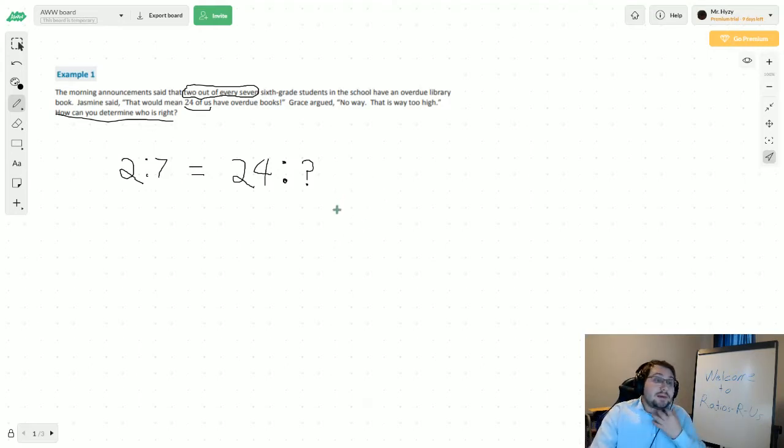So if we remember back to yesterday, how do we find equivalent ratios? Well, in order to find equivalent ratios, we have to multiply our first number and our second number by the same amount. So, if I need to multiply 2 by a number to get 24, I need to multiply 7 by that exact same number in order to get this mystery number here.